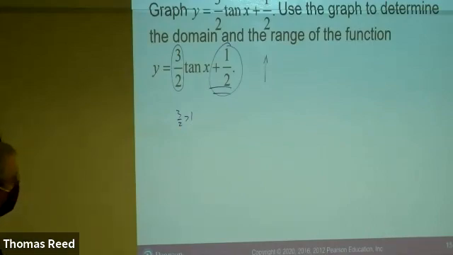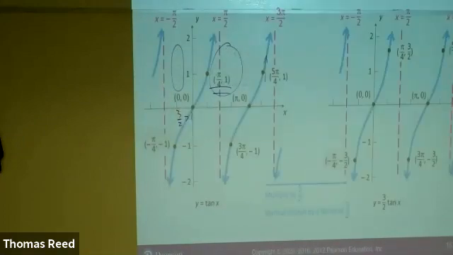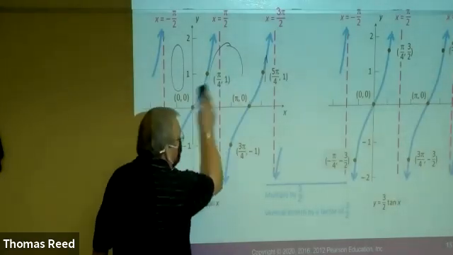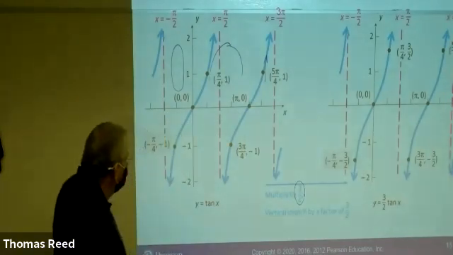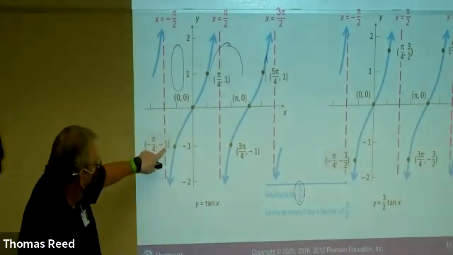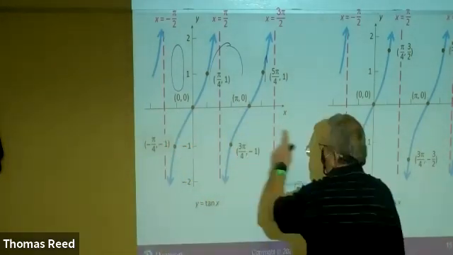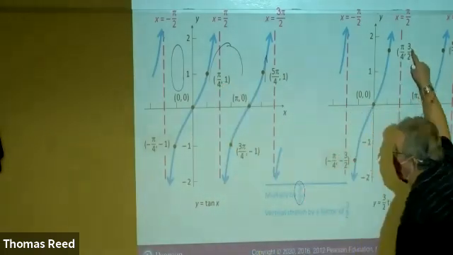So let's see how they do it. The first thing they did was the vertical stretch by multiplying the y values by 3/2. So this -1 became a -3/2. 0 stays 0, and this 1 became 3/2.